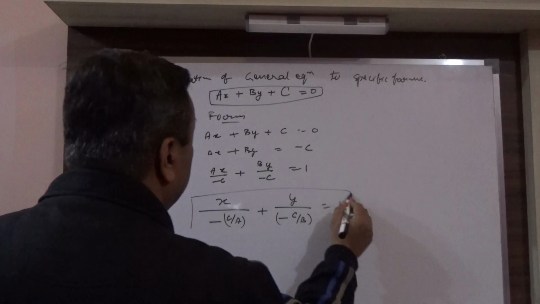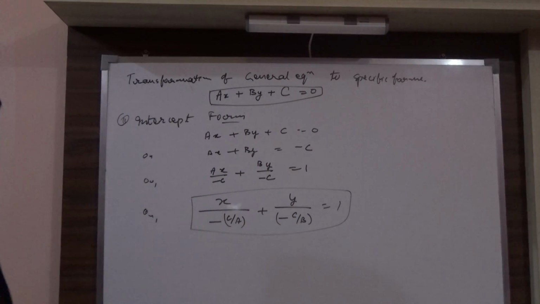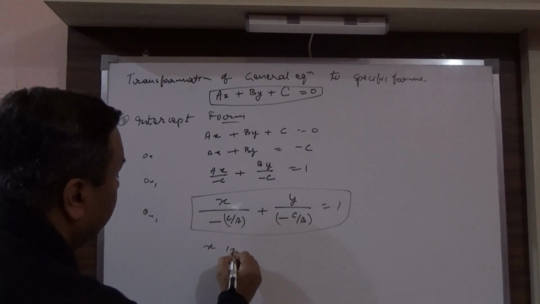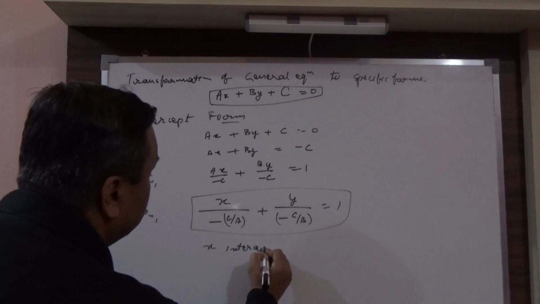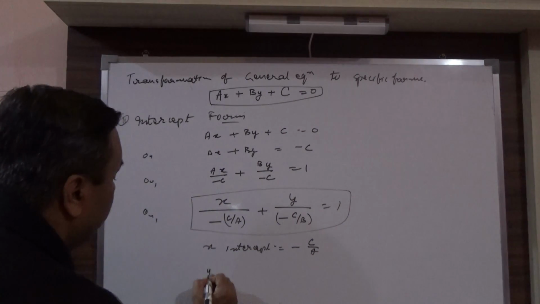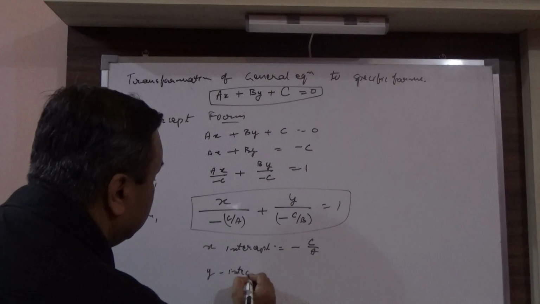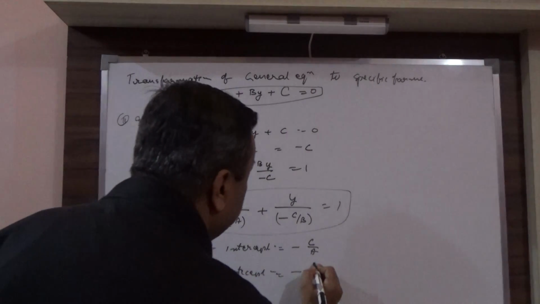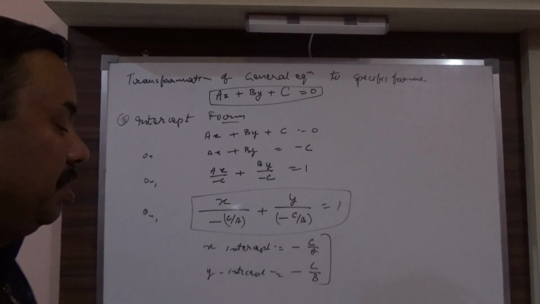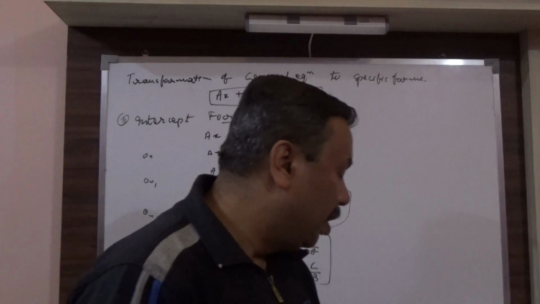So this is your intercept form. So I can say that the x-intercept is minus c by a and the y-intercept is minus c by b. So this is the information that I have found out.